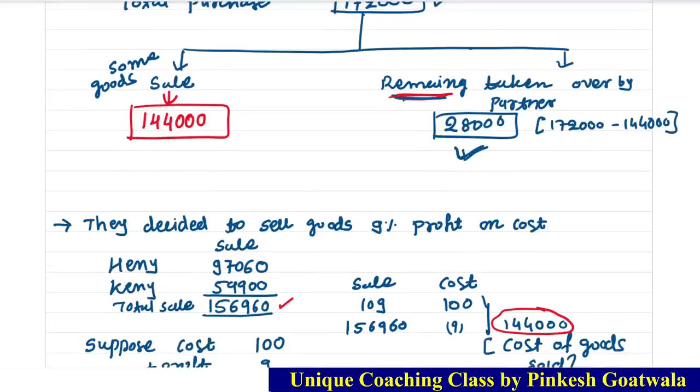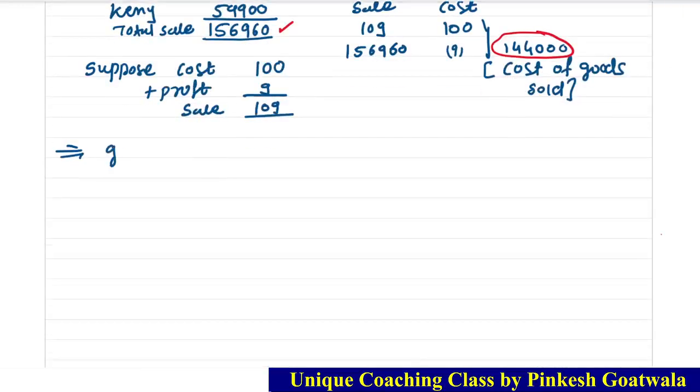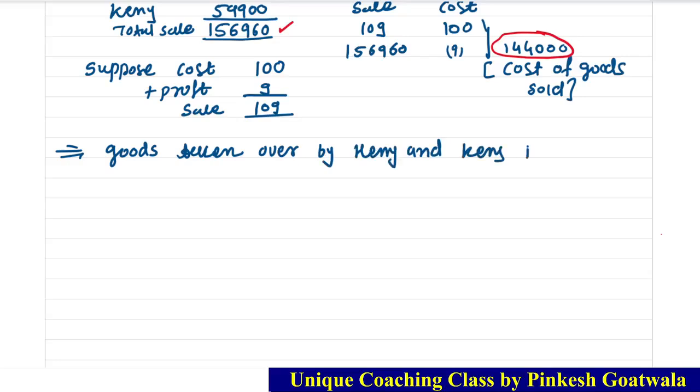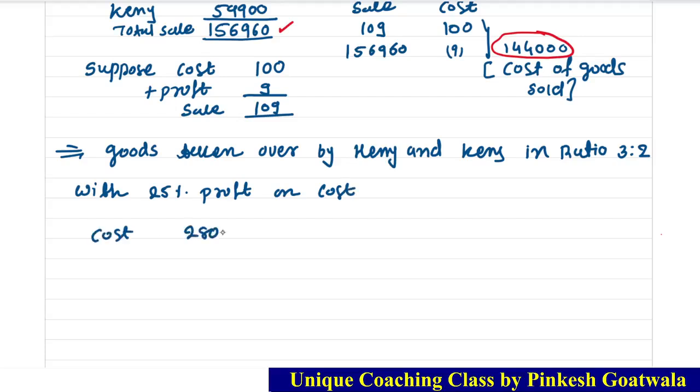Let's do the calculation. Goods taken over by Henny and Kenny in ratio 3:2 with 25% profit on cost. The cost is 28,000, and they take it over at 25% profit.